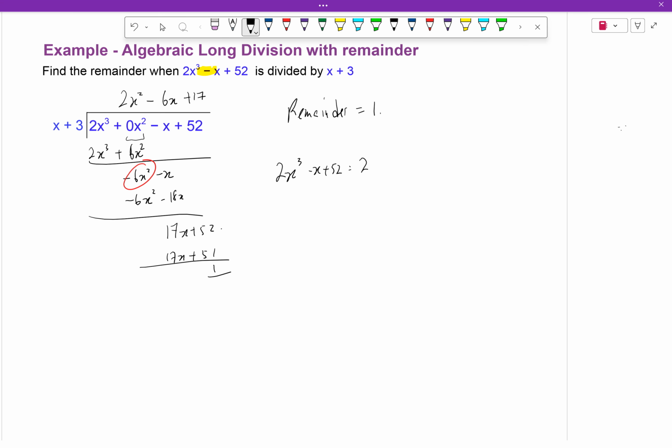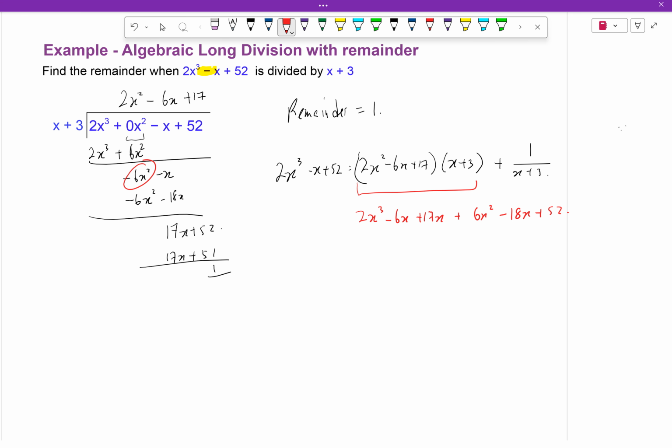So we should be 2x squared minus 6x plus 17 multiplying everything by x plus 3, and we also plusing 1 over x plus 3 because that's the remainder. Okay, 如果我们去 expand on this thing 的话 we will get 2x cubed minus 6x plus 17x plus a 6x squared minus 18x plus a 52.